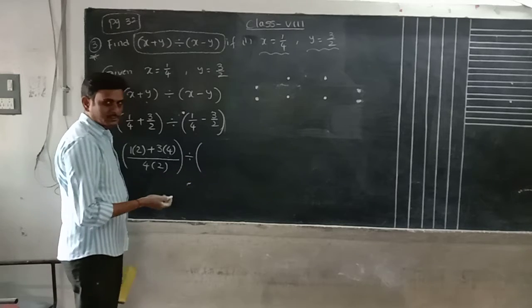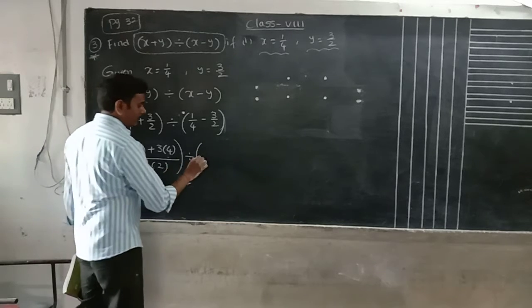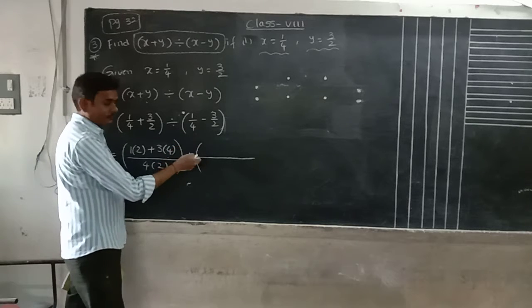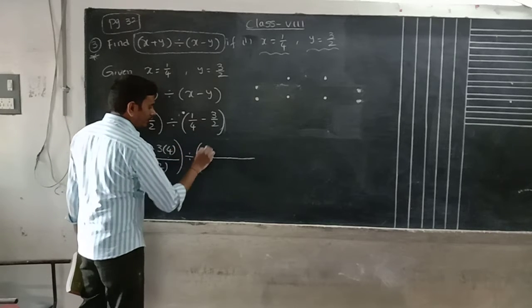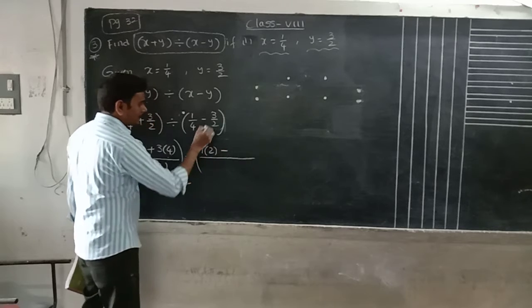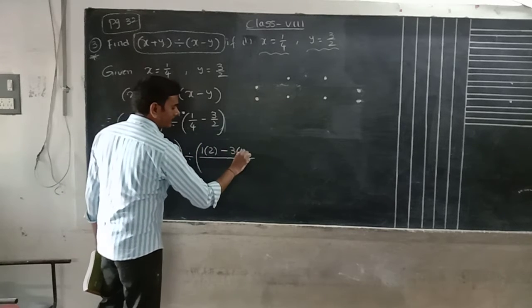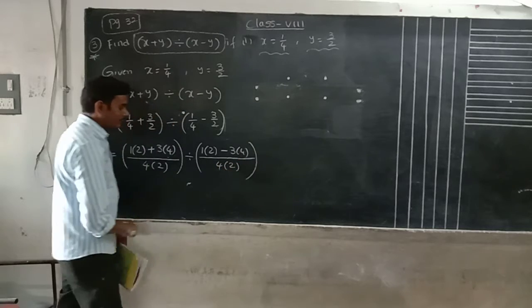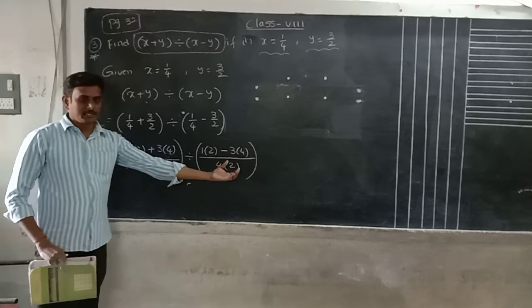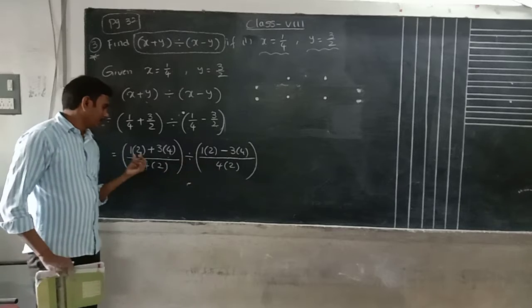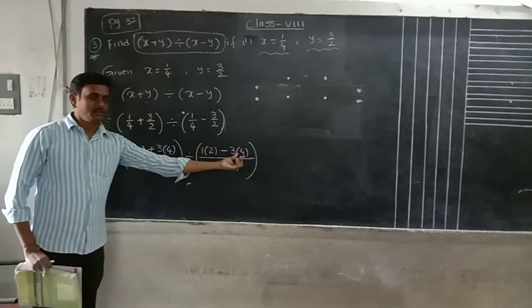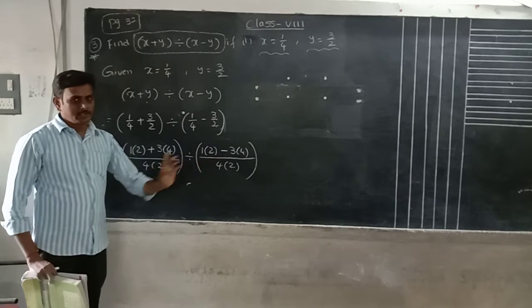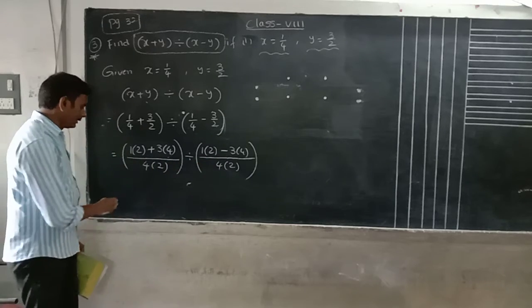The denominator is the same, because the x and y values are the same. For the subtraction: 1 into 2 minus 3 into 4, by 4 into 2. No need to get confused, we get the same terms: 4 into 2, 1 into 2, 3 into 4. The only difference is that here we get plus and here we get minus. According to the sign, we have to solve.